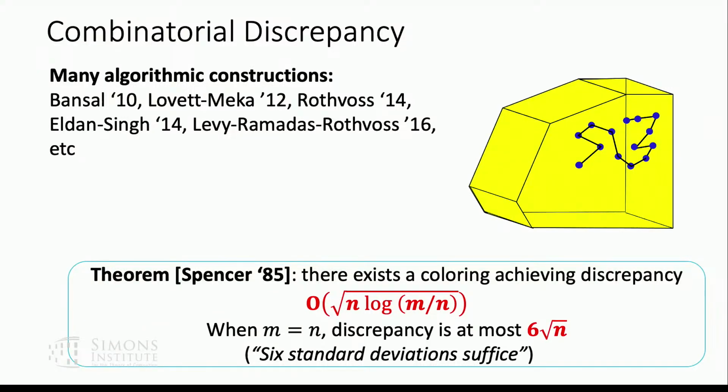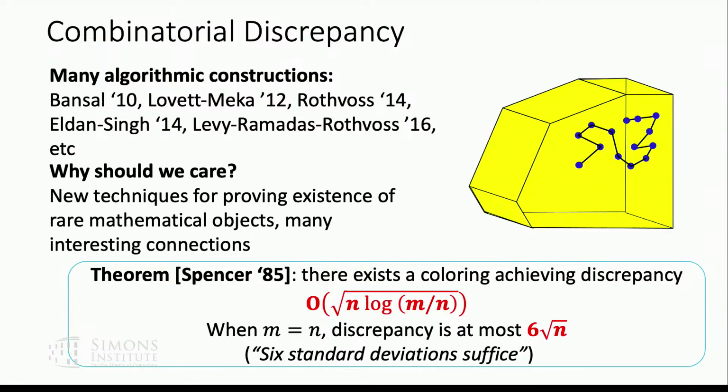there was a very long line of works that produced algorithmic results. Notably, Bansal first gave some algorithmic construction, and I'm pretty sure that many people in the audience have worked on some of these results. Now, why do we even care about coming up with yet another algorithm for discrepancy?